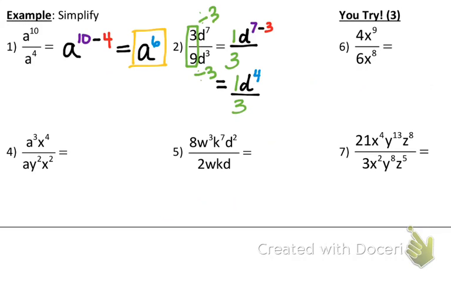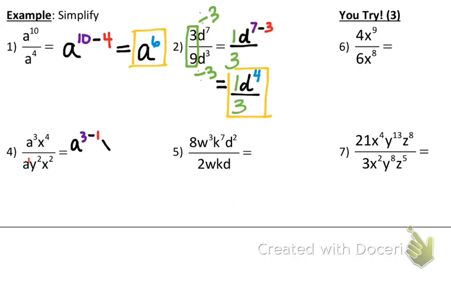So we have a cubed over a for our first set of bases. Now the a cubed on top, that's an easily visible exponent, but on the bottom I'm going to add in a 1 in the corner to show that that's the number that I'll actually be subtracting. So we have a to the 3 minus 1.